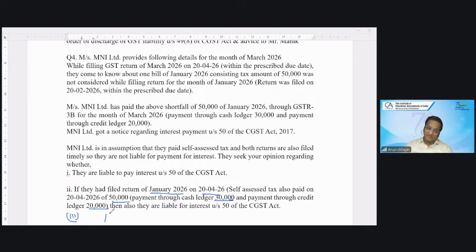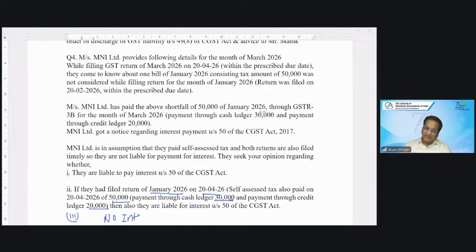No interest. Adil, your answer is correct, but I am saying the 50,000 has been paid through cash and credit. It is not completely by credit. It has been paid through cash 30,000, credit 20,000. This is the question: in which situation will interest not be charged on the cash portion also?